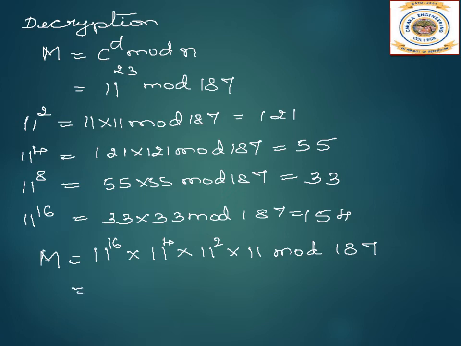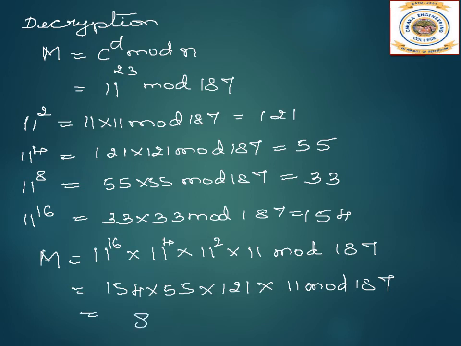So let me substitute: 11 to the power 16 is 154, into 11 to the power 4 is 55, into 11 square is 121, into 11 mod 187. So you multiply and take the mod 187, and you're going to get the plain text as 88. So this is the way we have to do the encryption and decryption using the RSA algorithm. Let us consider one more example.